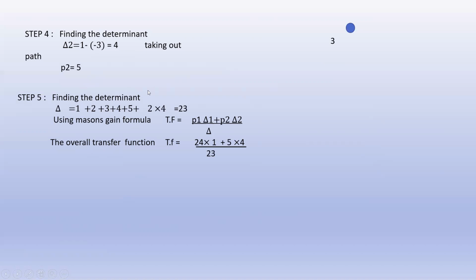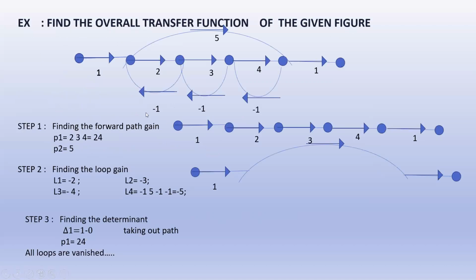So coming to the determinant of this entire signal flow graph, we have 1 minus the sum of individual loop gains. So we have four loops. So minus of minus we can get plus. So the sum of these individual loop gains will give us 2 plus 3 plus 4 plus 5, because these are individual loop gains, and then non-touching loops. So if we see, we have only one pair of two non-touching loops.